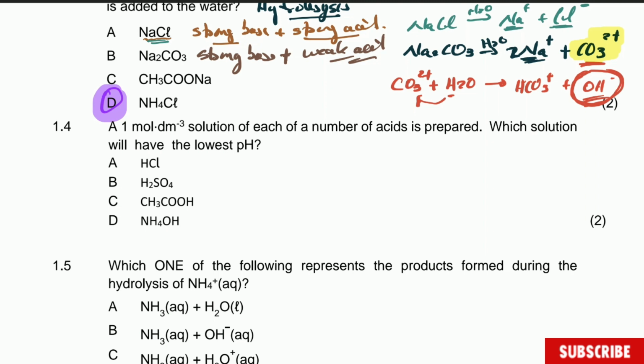Guys, the answer for this one is H2SO4. Now, why? Because when H2SO4 dissociates in water, it will produce double the amount of ions.